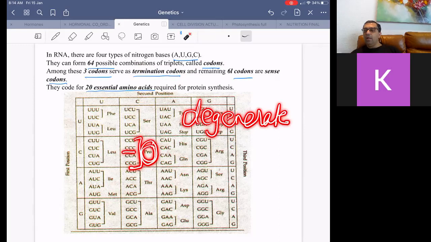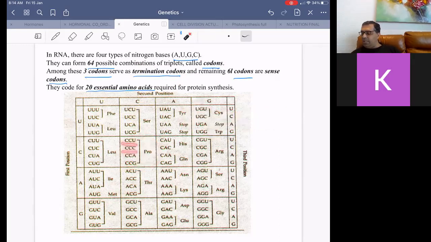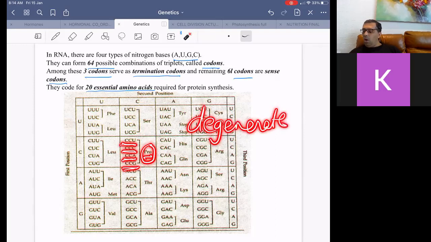That is specific or unambiguous. But proline is coded by CCU also, CCC also, CCA also, CCG also. And that means every amino acid is coded by more than one codon. That is called degenerate.